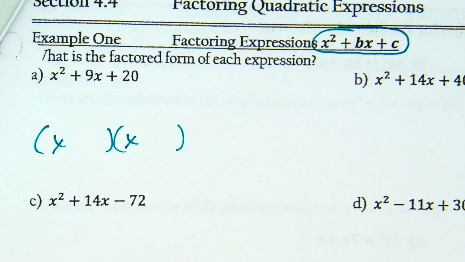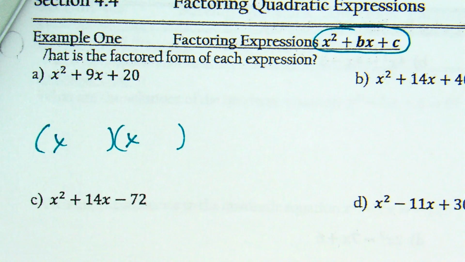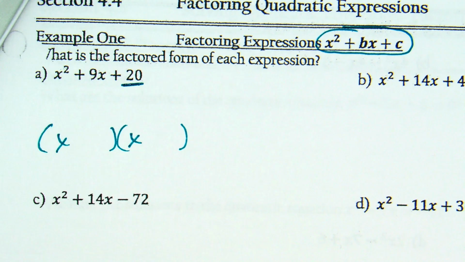Yes. Okay, because I'm not leaving anyone behind, so you have to tell me if you're not. Now, what you have to figure out are the numbers. And I don't necessarily think about signs until later on. I've found during the day that you guys tend to put signs in at the beginning. Yeah, we put signs first. And I tend to put my signs in when I put my numbers in. So it kind of just depends. But regardless, we need numbers that multiply to 20 and add to 9.